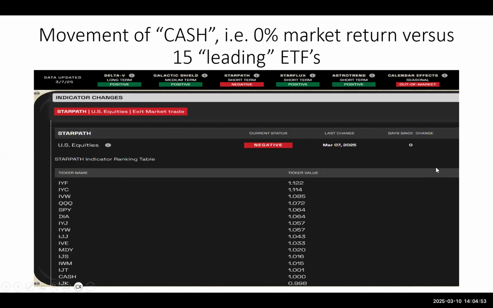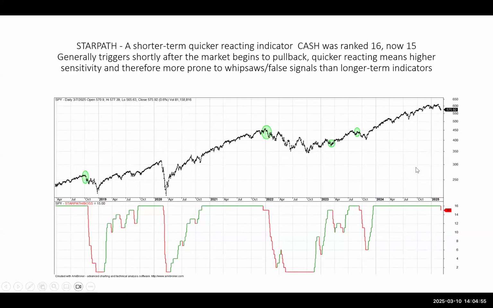Okay, this is a more graphical depiction of the history. And Steve has done incredible work by making the raw data available on the website. Also on the to-do list will be a graphical representation like I have shown below on this chart from another analysis program. The green highlighted areas on the top, that's the S&P 500, show some of the previous sell signals.